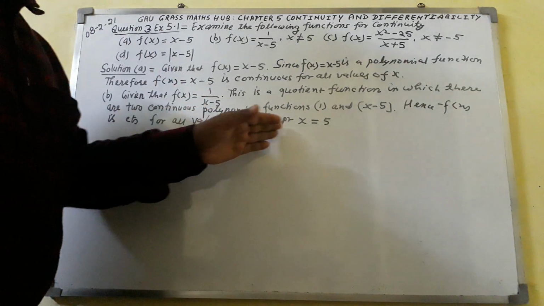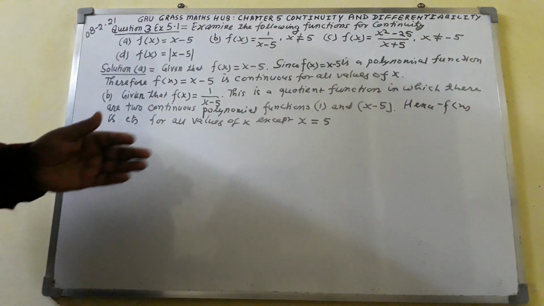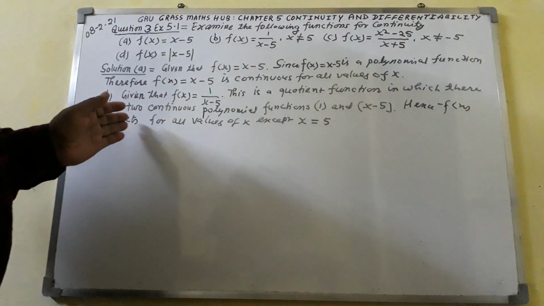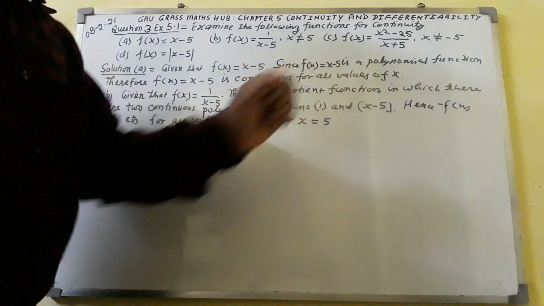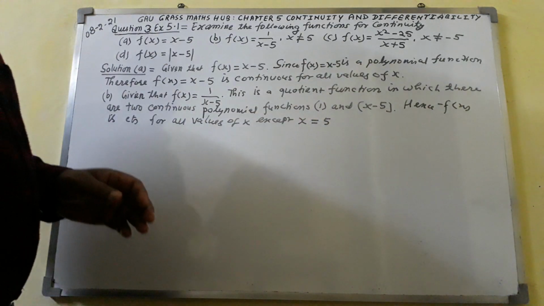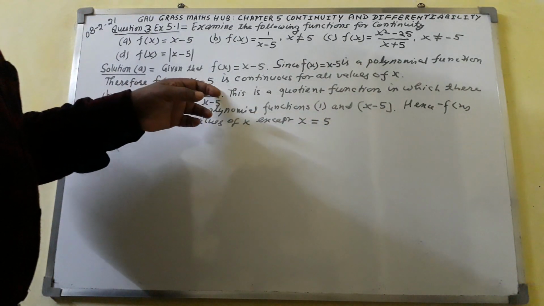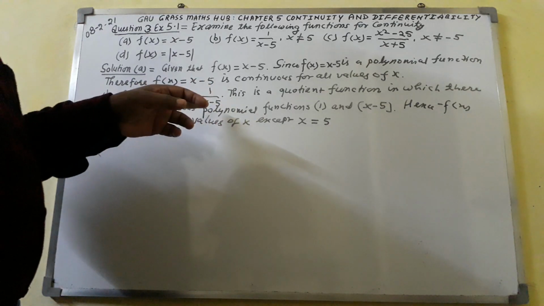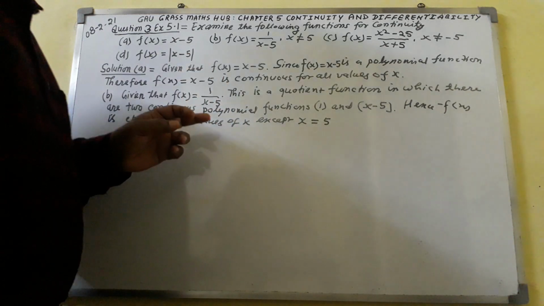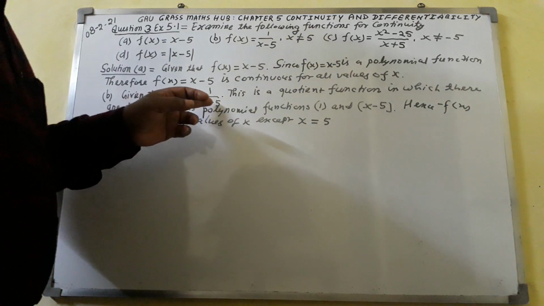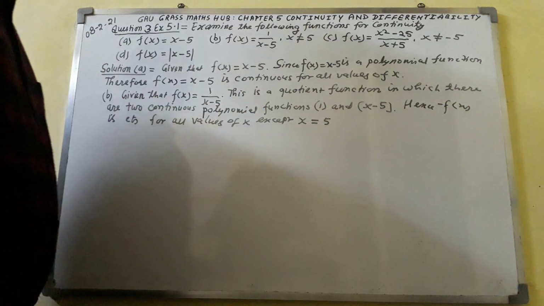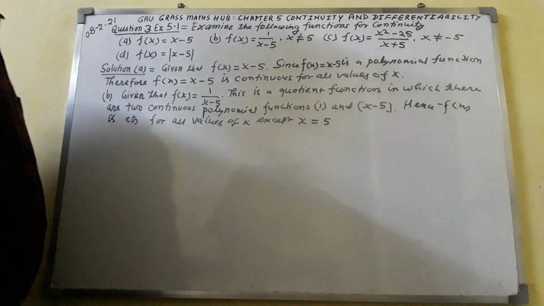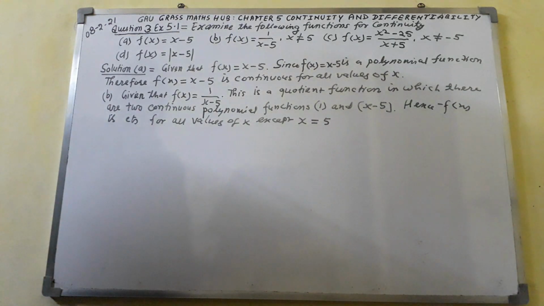That's why, except x equal to 5, for all values of x, f of x will be continuous, because the numerator 1 is a polynomial function and also x minus 5 is a polynomial function. This is the case you must remember.